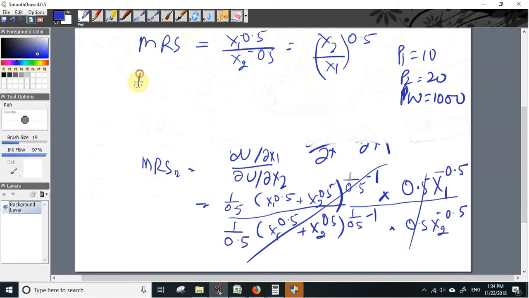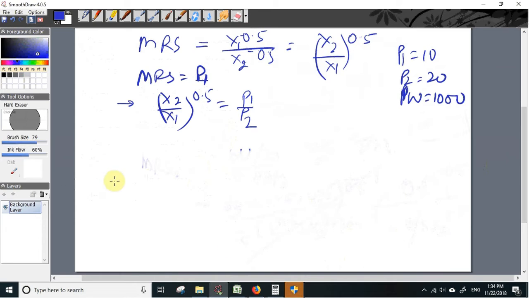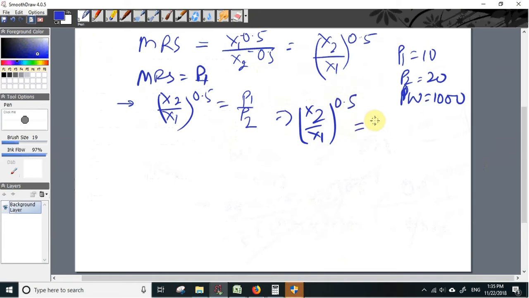So now equating marginal rate of substitution to the price ratio, we get x2 over x1 to the power 0.5 is p1 over p2, which is 10 over 20.